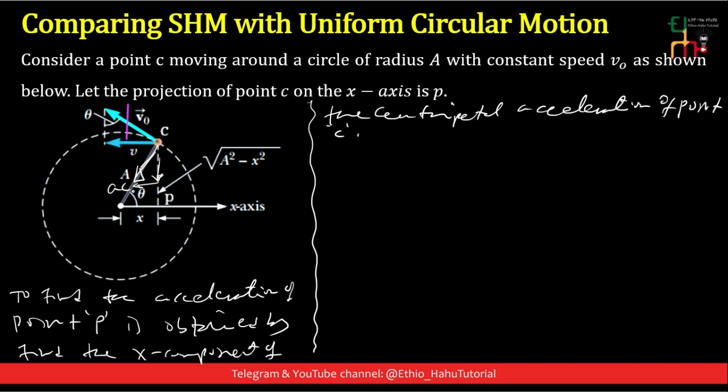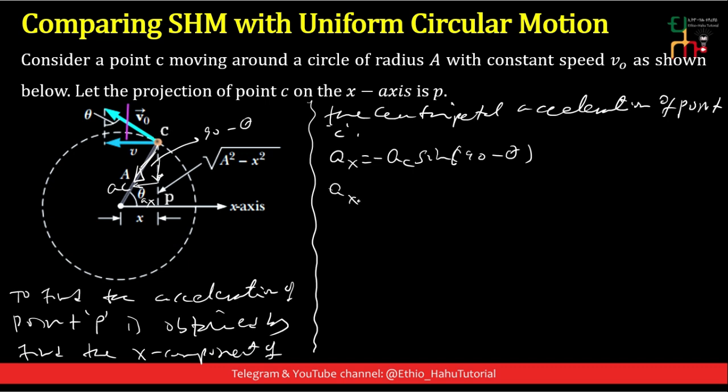And the component of the centripetal acceleration directed to the negative x-axis is ax, and this ax is the same as the acceleration of point P. Therefore, ax is equal to simply ac, centripetal acceleration, times sine of 90 minus theta, but here negative.